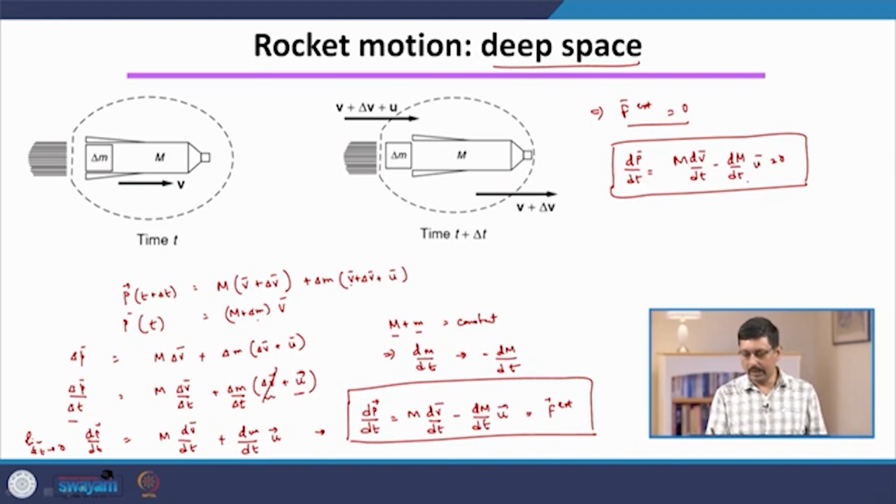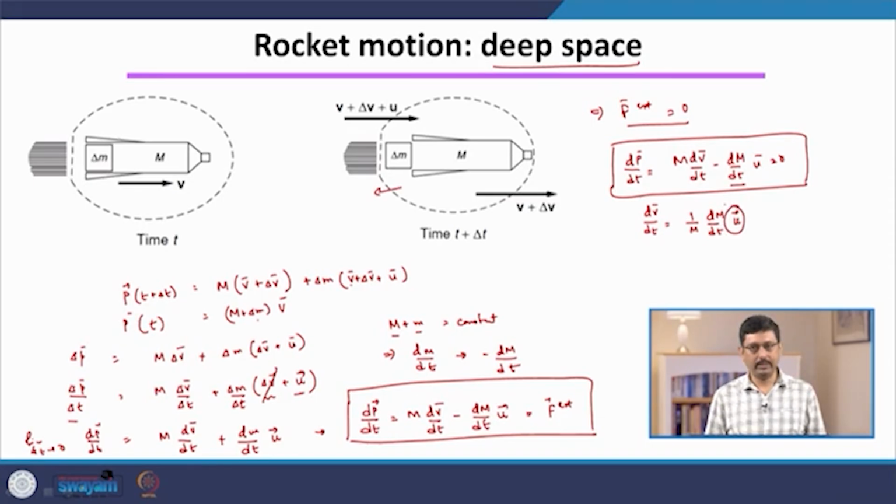Now, let us look at this picture. So, the sign of the second term: we can write down this dv/dt as 1 by M dm/dt times u. Now, in this picture the fuel is going towards the right, that means the sign of u.